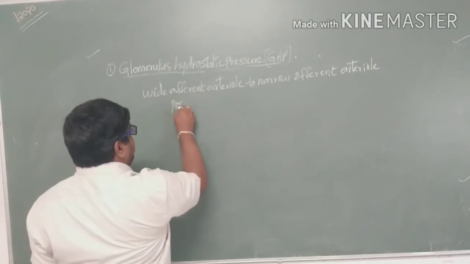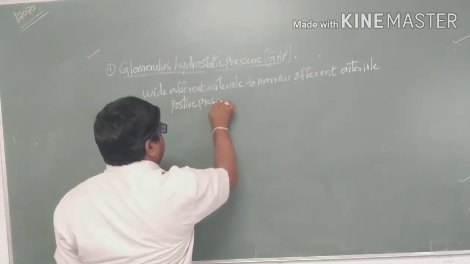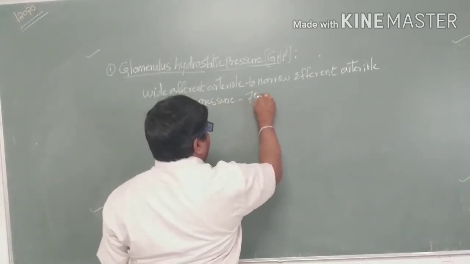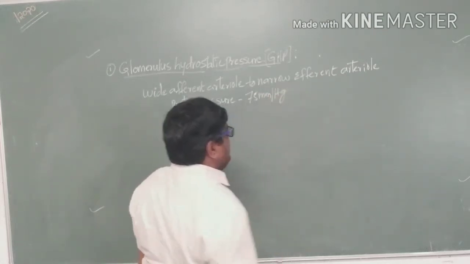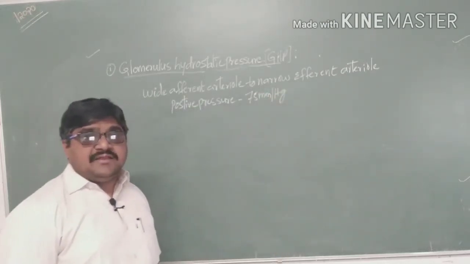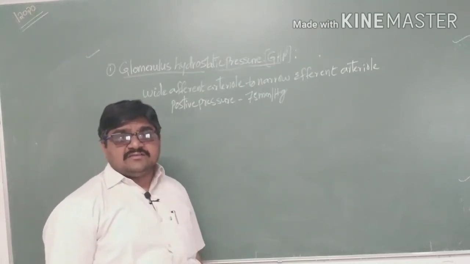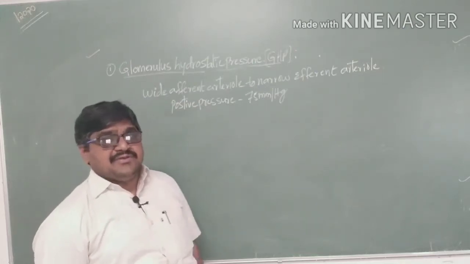It is a positive pressure of 75 mmHg. So this pressure is called the glomerulus hydrostatic pressure.